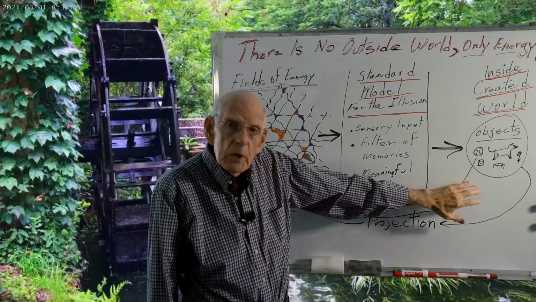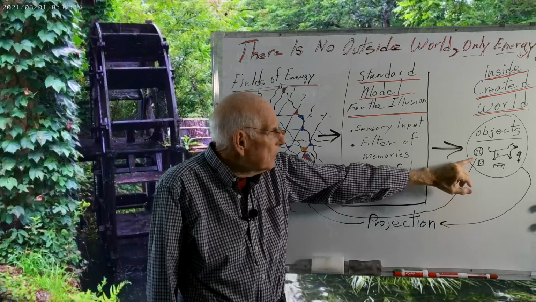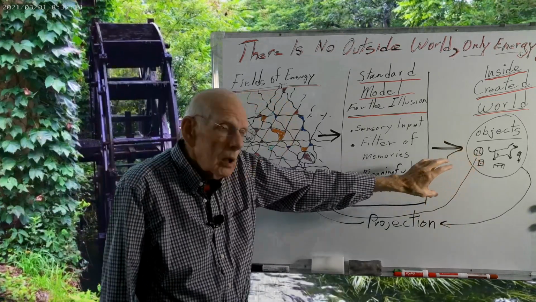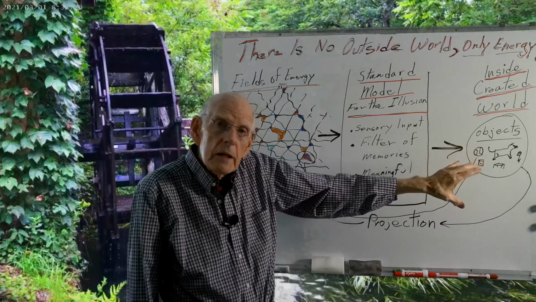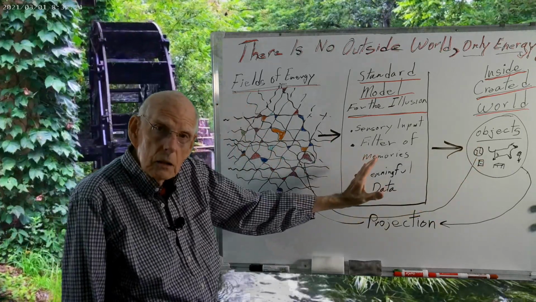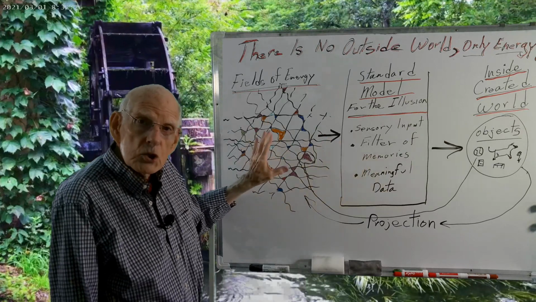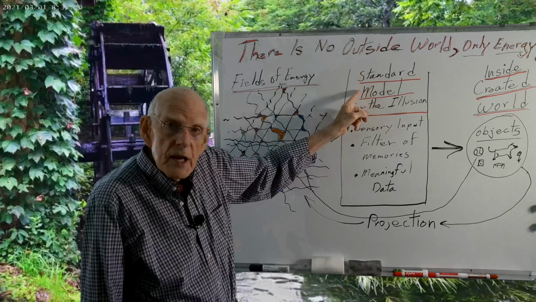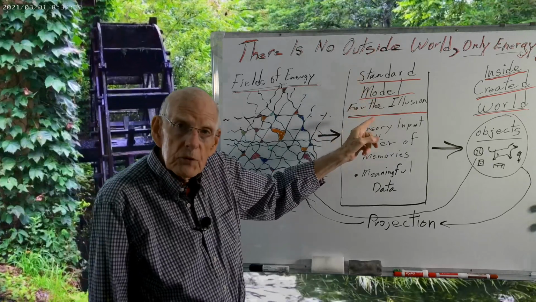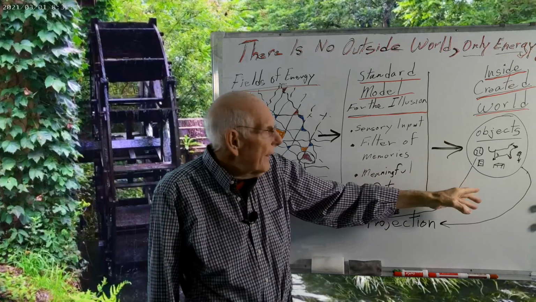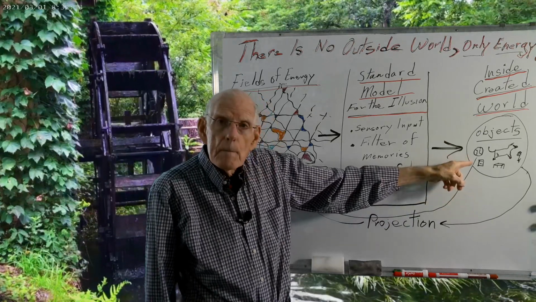On the inside, we create our world, and I picked a ball. I said, well, if we had a ball that we created in here based on the input data from the outside energy system going through the standard model for the illusion, we create our world, and in that is a ball.